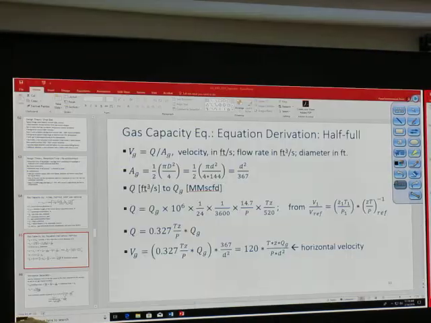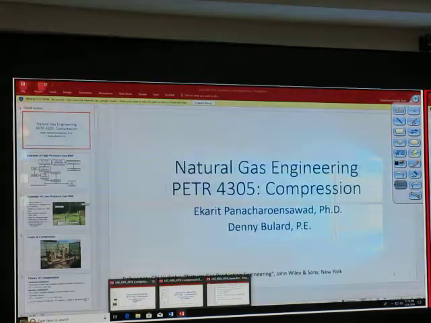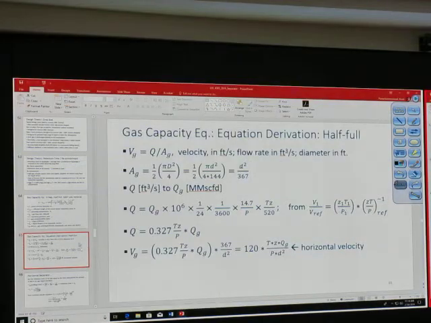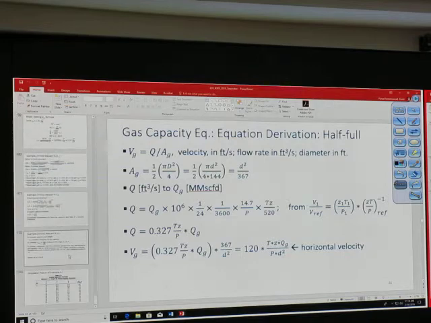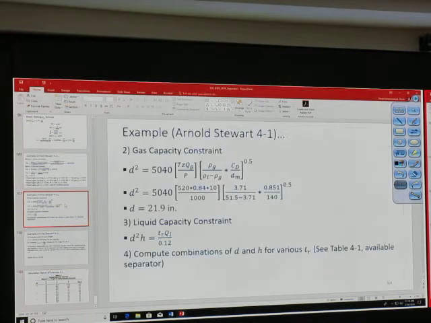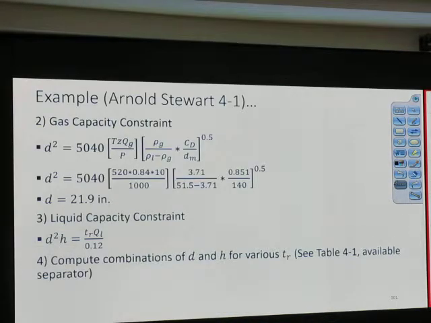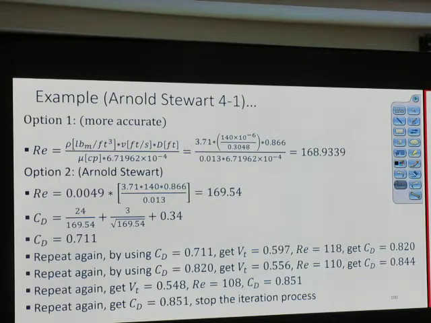Because in that example, the way that Arnold Stewart did it is to select several sizes. So to calculate seam to seam length and other parameters, first we get C sub D value. You got that, no problem, okay?